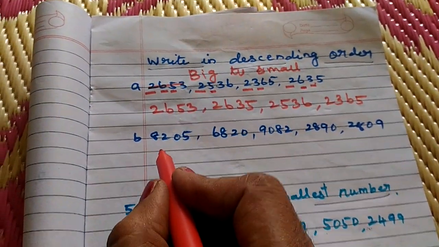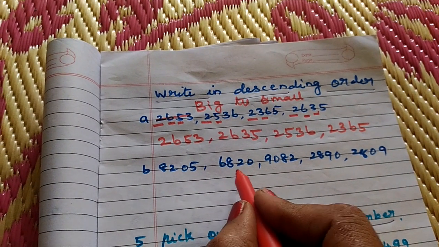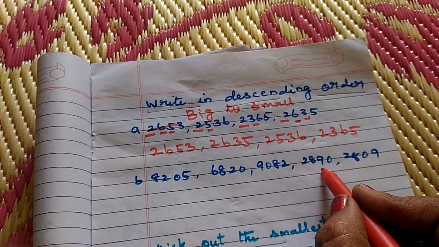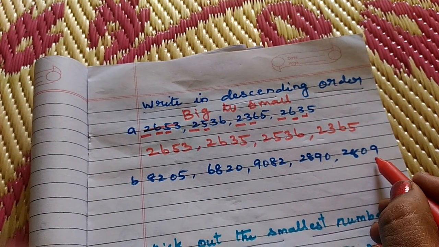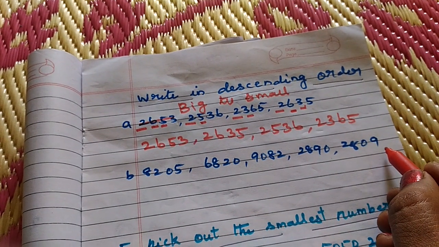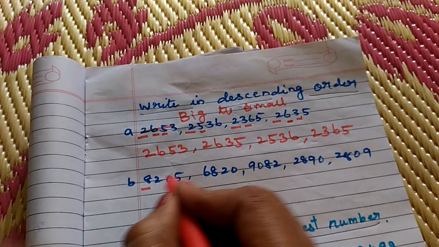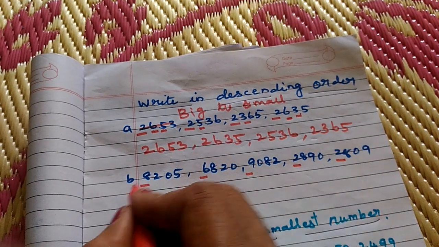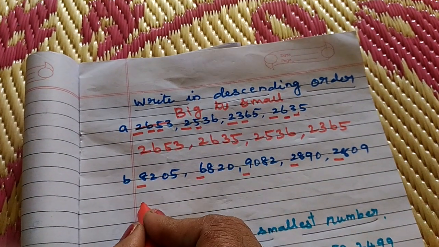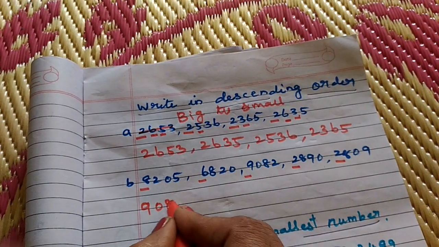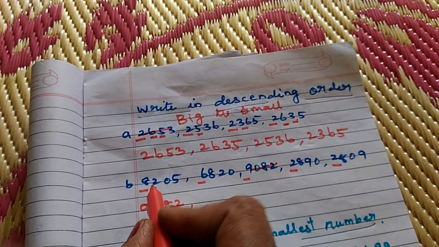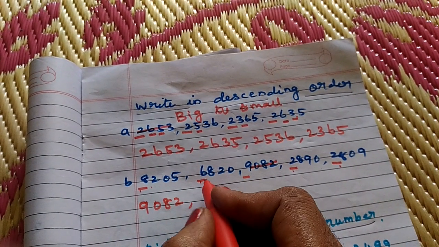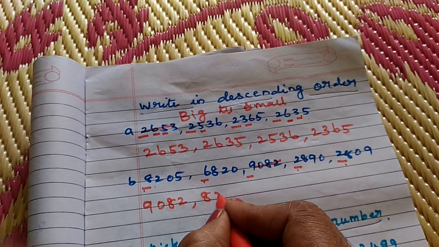One more example. See here, 8205, 6820, 9082, 2890, 2809. Which one is the biggest number? 8000, 6000, 9000, 2000, 2000. 9000 is the biggest, so 9082 is the biggest. Then 8205.